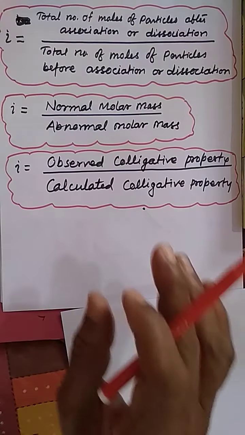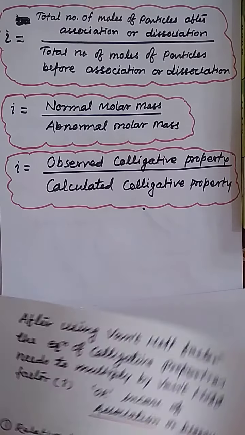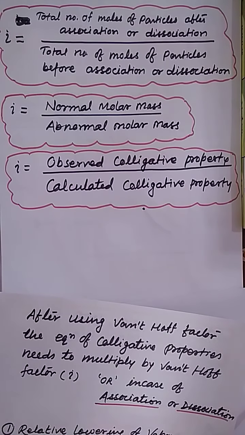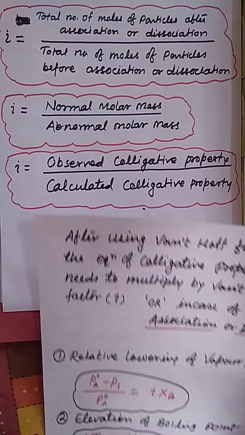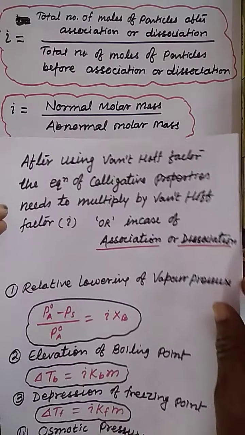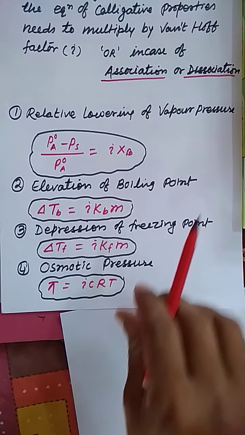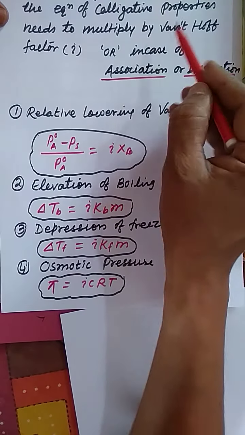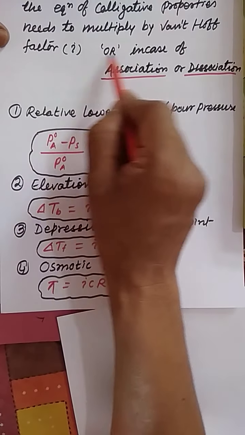Now friends, we see how we can calculate the value of i. One thing is there, if molecules go through association or dissociation, then definitely Van't Hoff factor should be introduced in the colligative property equation, and the equation becomes like that. After using Van't Hoff factor, the equation of colligative property needs to be multiplied by Van't Hoff factor i.